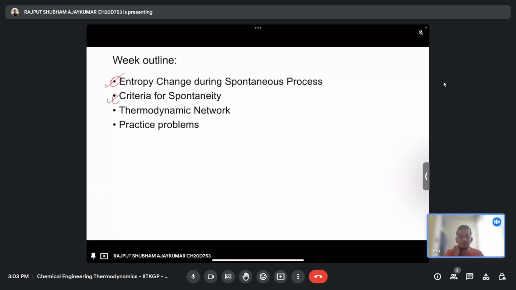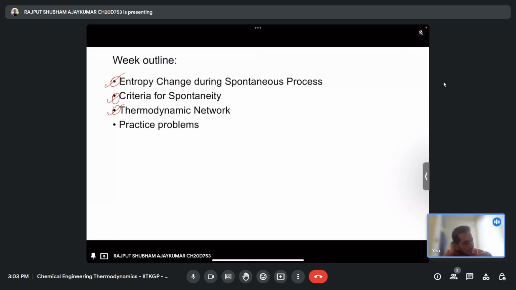The criteria for spontaneous processes in chemical engineering thermodynamics were discussed in the week 2 content on the NPTEL SWAYAM portal. And there is another term, the thermodynamic network. There will be a network of different terms like enthalpy, entropy, internal energy, Gibbs free energy, and Helmholtz free energy, and how these are interconnected is called a thermodynamic network.